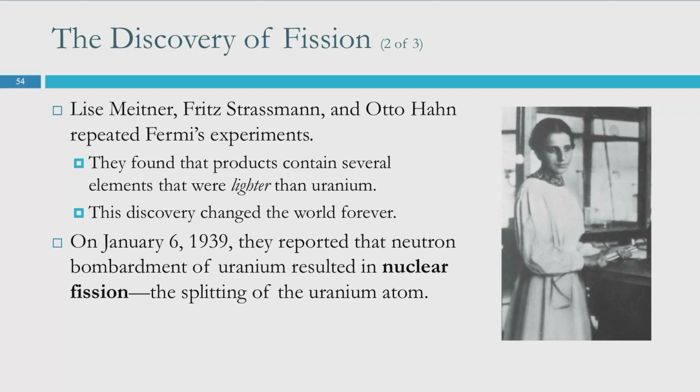Others also repeated Fermi's experiment: Lise Meitner, Fritz Strassmann, and Otto Hahn. This is Lise Meitner, after whom meitnerium on the periodic table is named, I think. They found that the products contained several elements that were lighter than uranium, meaning that it was not a new element.